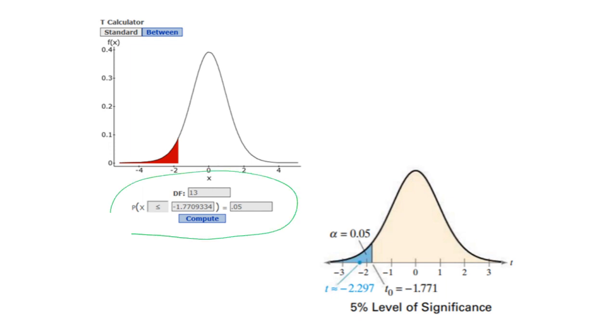I did that by going to calculator T, and then the t-stat gave me my test statistic of negative 2.297. And you notice it's sitting here in the rejection region. We already knew that we rejected H naught, but this is just another way of looking at it. So you can look at it as the p-value, or you can look at it as the test statistic.